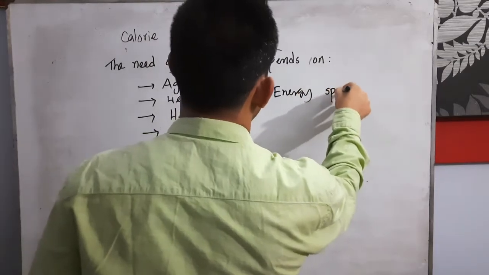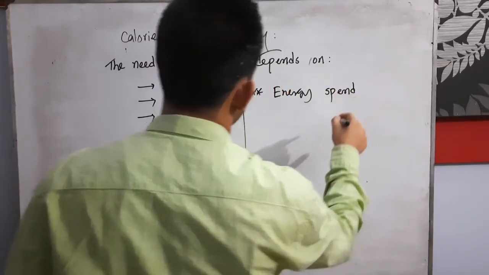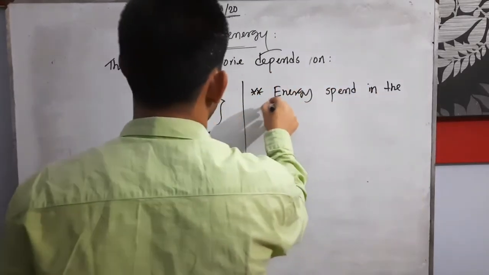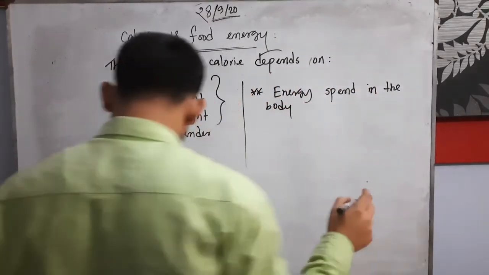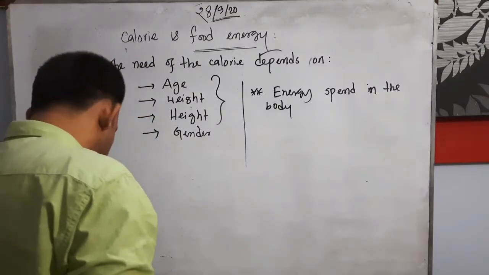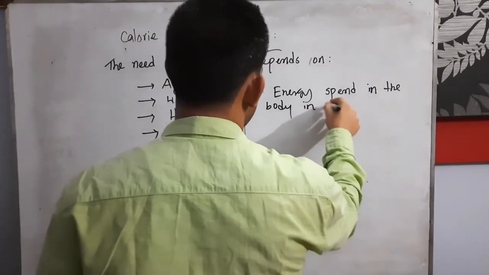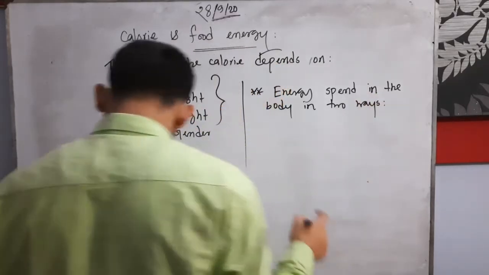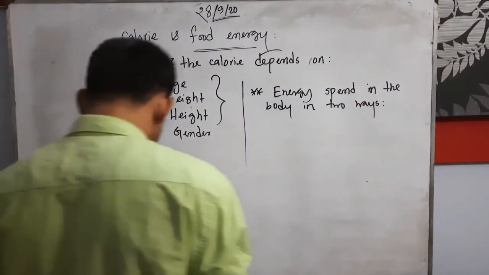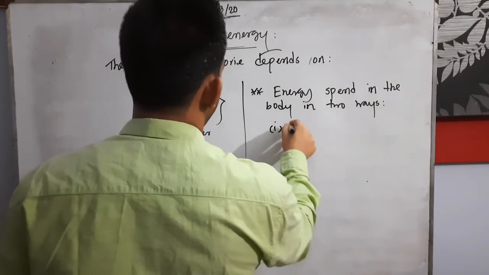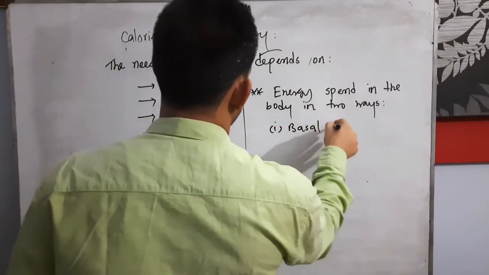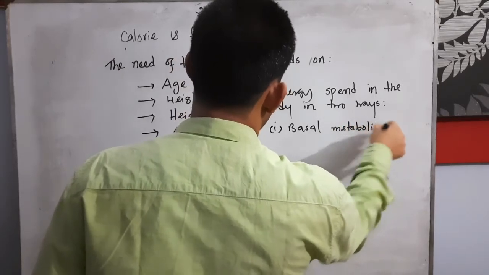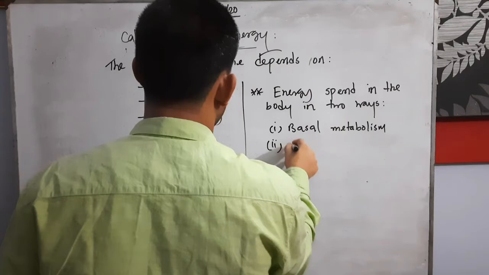Energy spent in the body, in two ways. Okay, two ways. Number one is basal metabolism, and basal metabolism is one of them. And the second one is physical work.